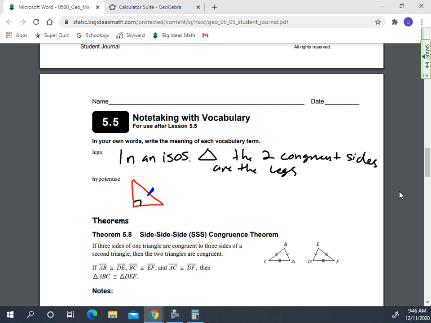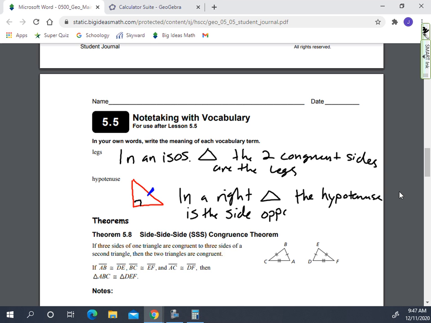So, in a right triangle, the hypotenuse is the side opposite the 90-degree angle. Okay, so it's the side opposite to the 90-degree angle. That is the hypotenuse.